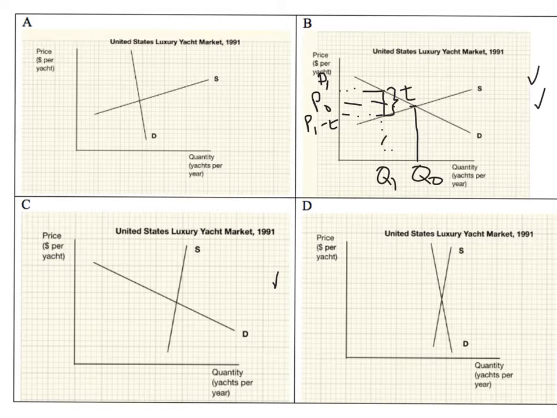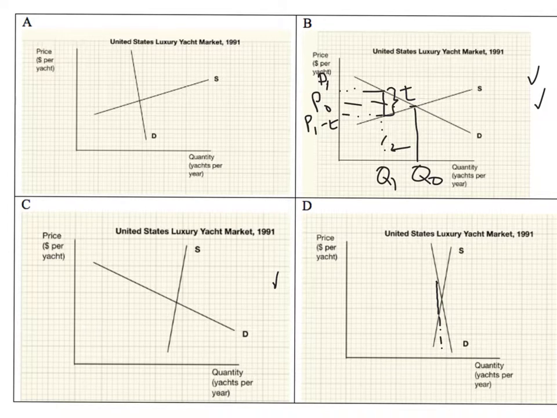Anyway, we see a big drop in quantity. I'll let you do it yourself. In all these other cases, that same size tax wouldn't feature such a big drop in quantity. Just for an example, look here. Hardly any drop in quantity when both the supply and demand curves are highly elastic.